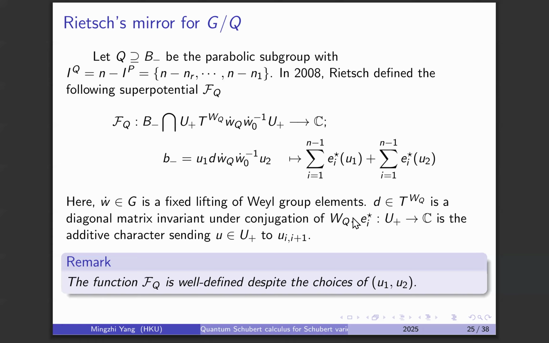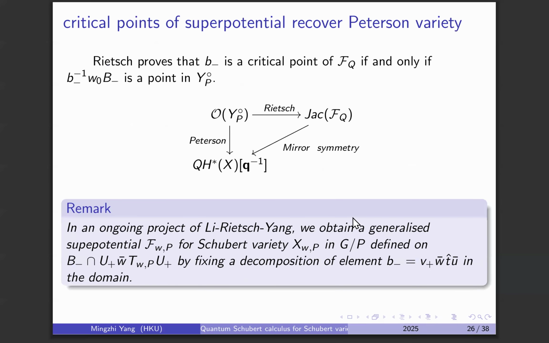What is remarkable about this function is that it recovers the Peterson variety. So Rietsch proves that B minus is a critical point of F_q if and only if B minus inverse w naught B is a point in the open Peterson variety. So you consider this triangular diagram, and we have three commutative rings.